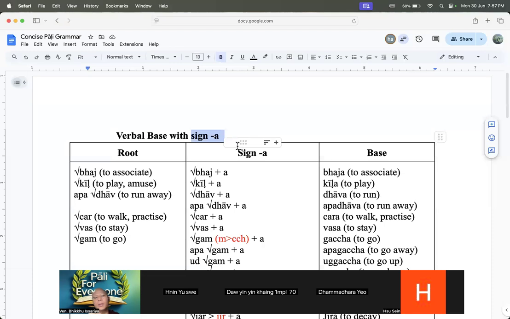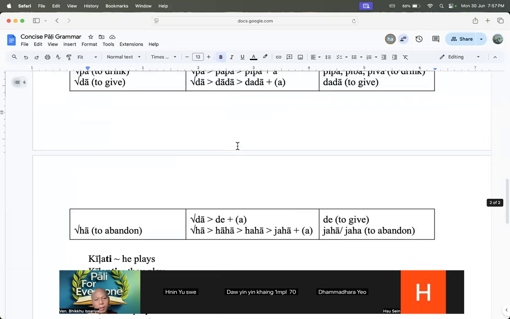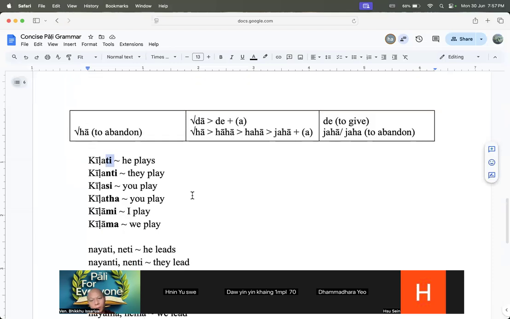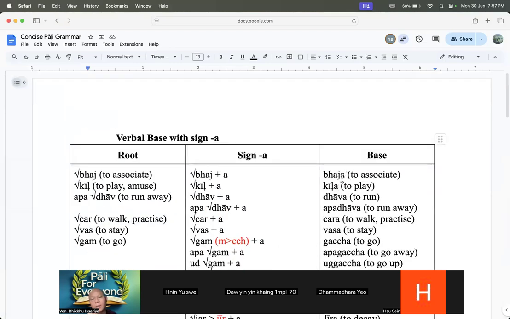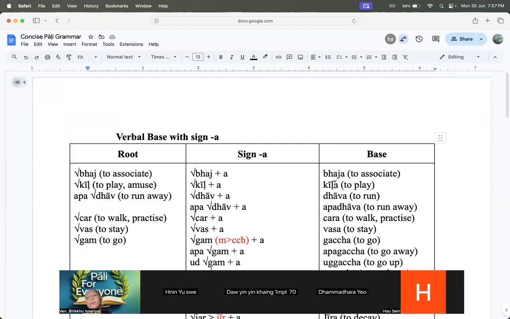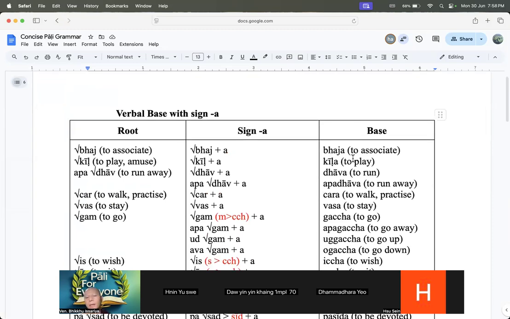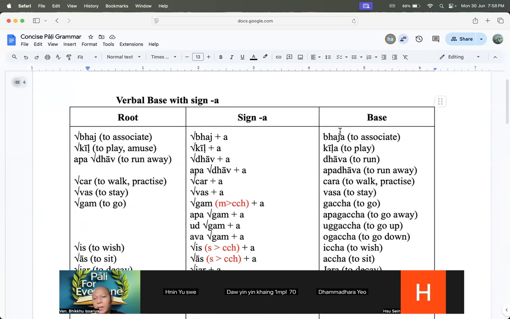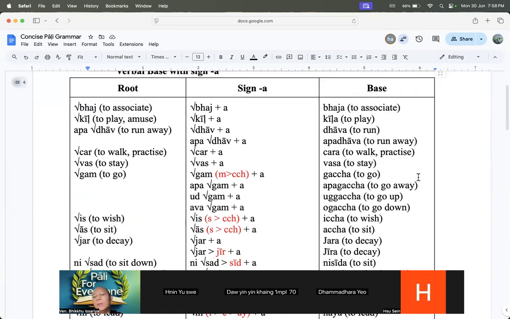So to form the present verb like this, just add ti, anti, si, tha, mi, ma to all the bases. For example, here: bhajati, bhajanti, bhajasi, bhajatha, bhajami, bhajama, and kilati, kilanti, kilasi, kilatha, kilami, kilama, and dhavati, dhavanti. So all bases we have.